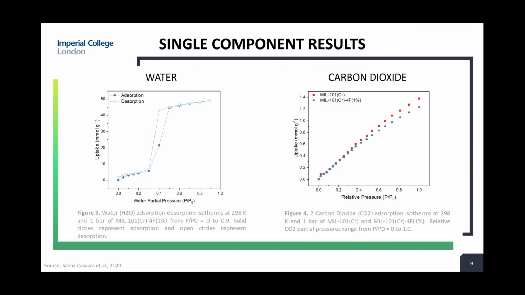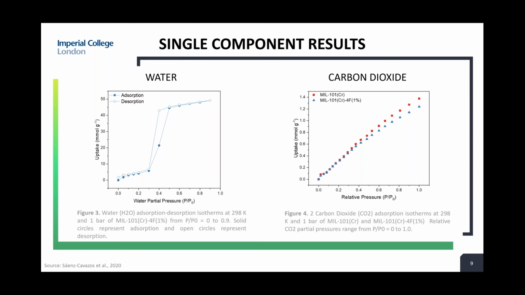So these are the single component results. Figure 3 shows the water adsorption and desorption isotherms for the functionalized material. We can see that the shape of the isotherm corresponds to that of a mesoporous solid, a type 5, where multilayer adsorption is observed at low partial pressures, from 0 to 0.2, followed by a clear hysteresis loop between 0.2 and 0.6 that can be associated with capillary condensation taking place in the mesopores.